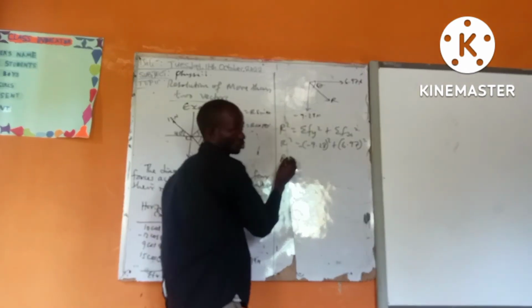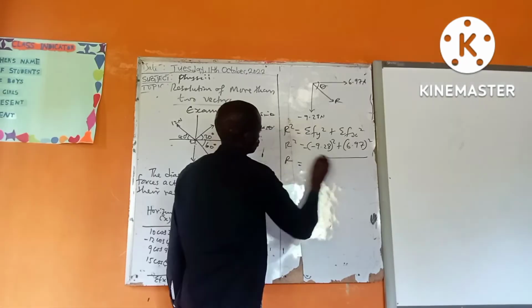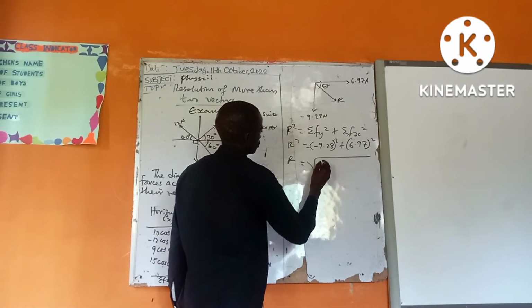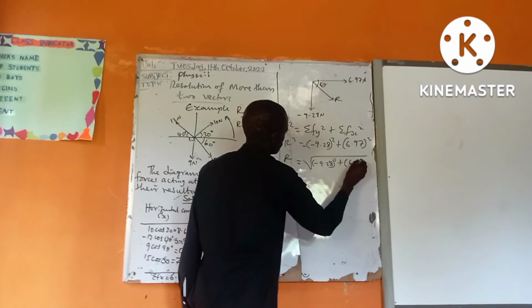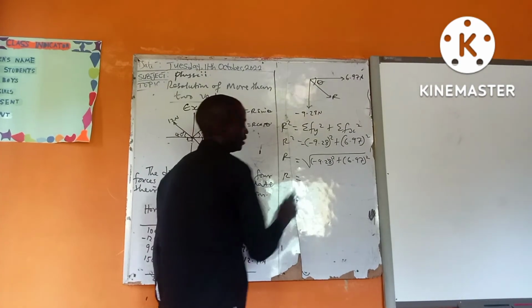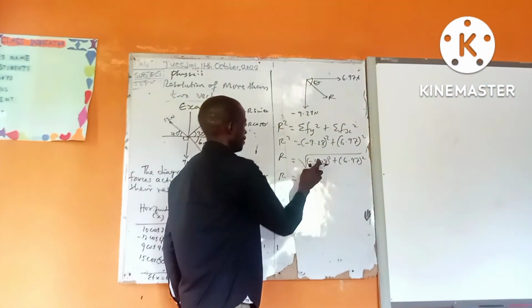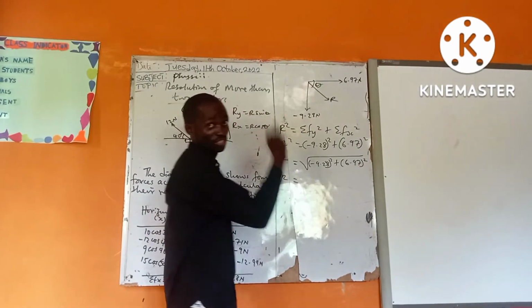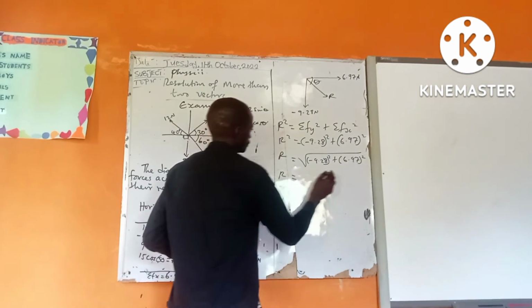Taking square root of both sides, r equals the square root of minus 9.28 squared plus 6.97 squared. Negative multiplied by itself gives a positive value, so minus 9.28 times minus 9.28 will give a positive value. It will give you 86.12.